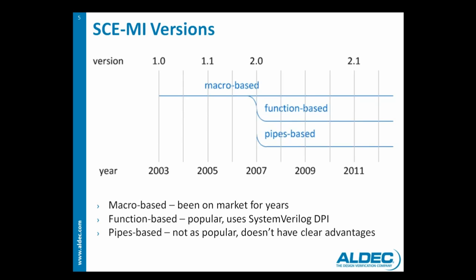Macro-based is very close to your RTL, and the function-based model uses DPI calls in order to interact between the software and the hardware. The pipe-based is not popular because users say it's complicated and it doesn't have any clear advantages.